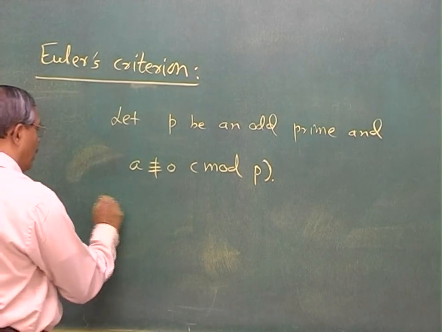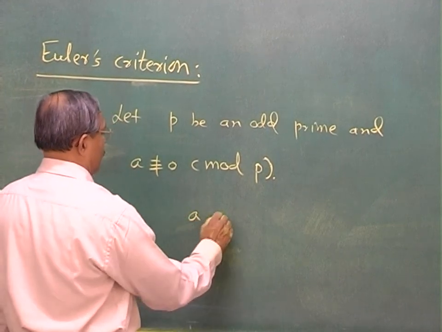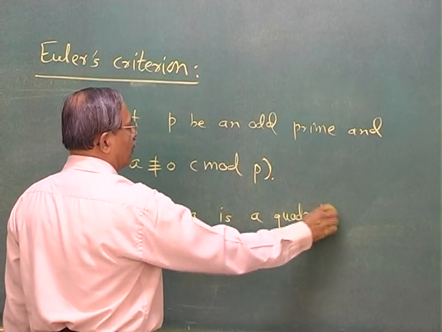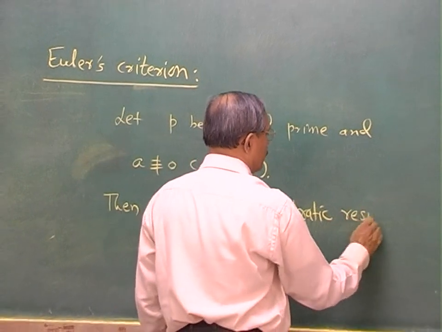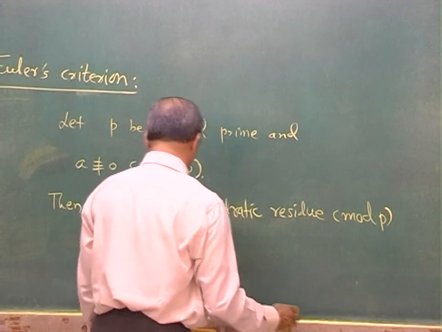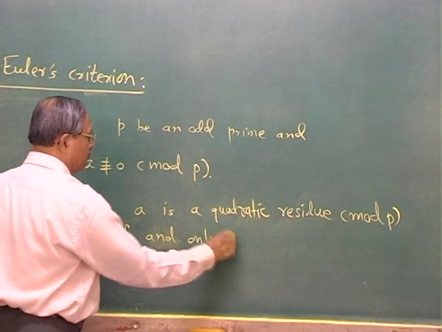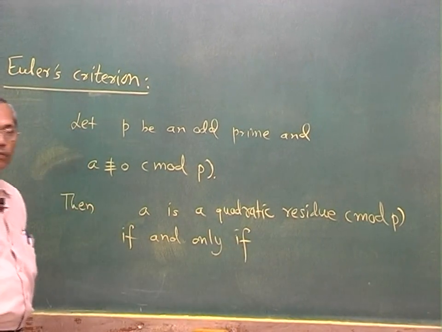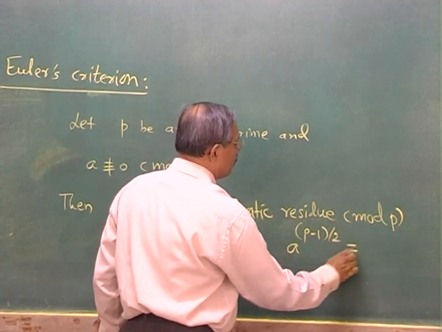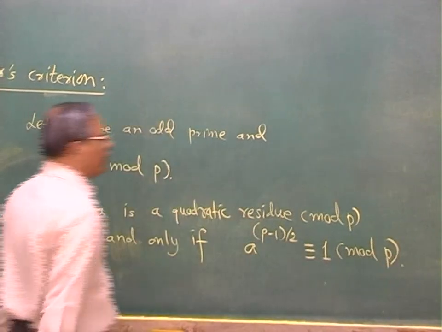Then a is a quadratic residue mod p if and only if a raised to (p minus 1) by 2 is congruent to 1 mod p.